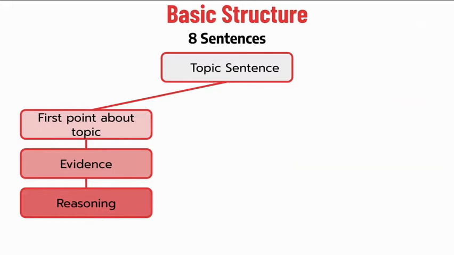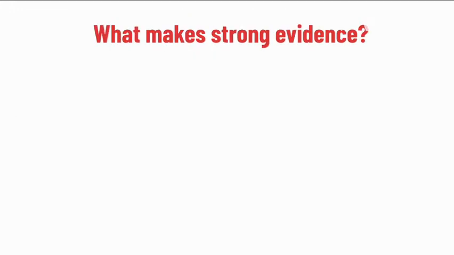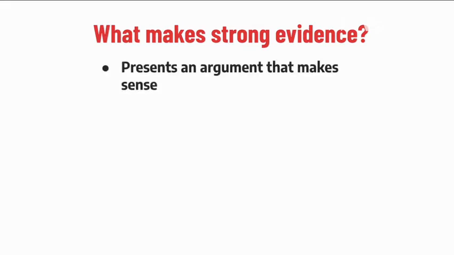So today, we're just going to focus on writing the first point about your topic and how to include evidence to support that point. First, we need to figure out what makes strong evidence. So there's really 3 things that you need to know. The first thing that makes strong evidence is that it presents an argument that makes sense.